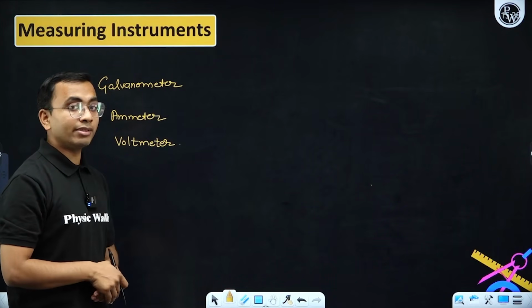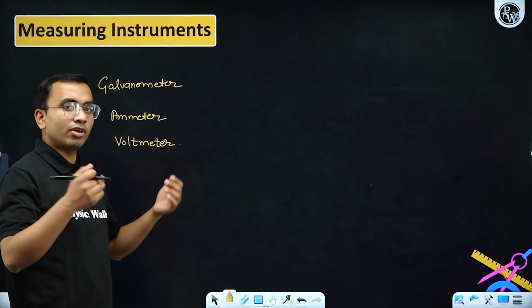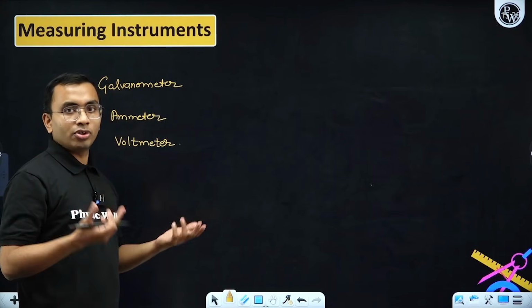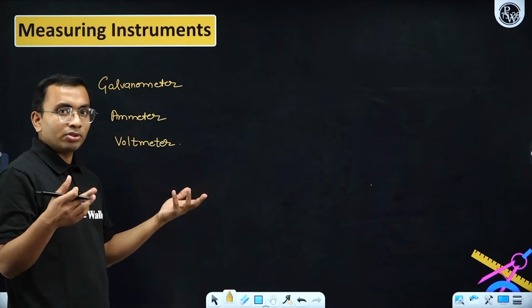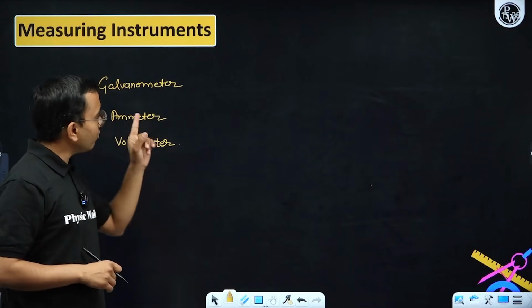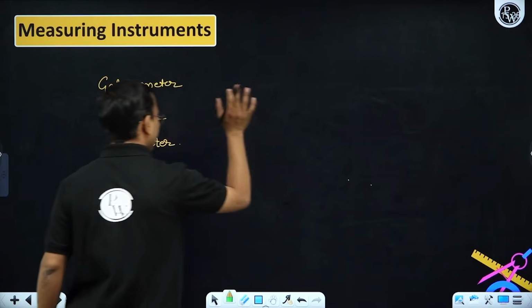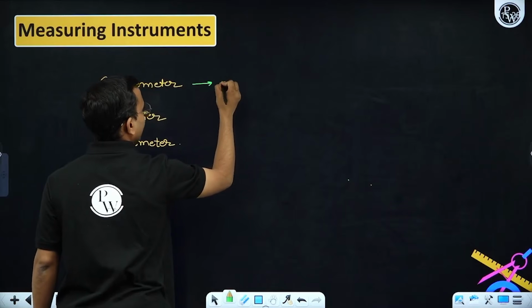If you have an ammeter there, it will not be able to detect that. Ammeter has a rating, let us take, from 0 to 1 ampere or 0 to 5 ampere. It may not be able to detect a 3 microampere current, but galvanometer does. So galvanometer we use generally for current detection or measurement of very small current.